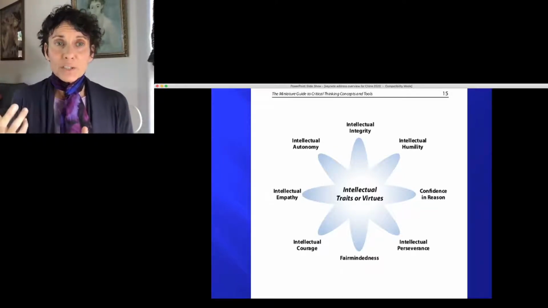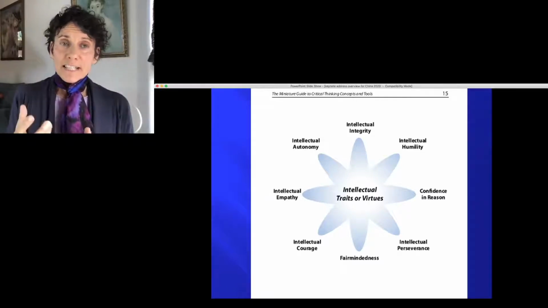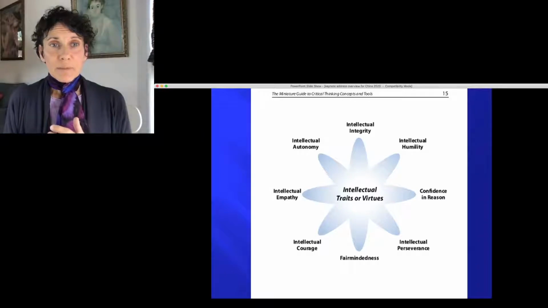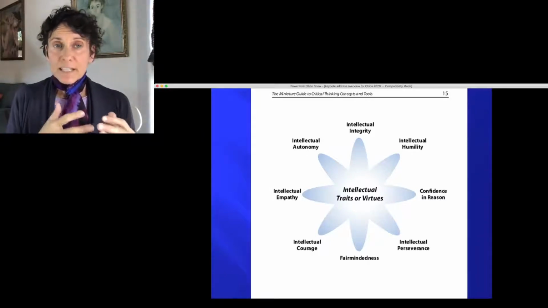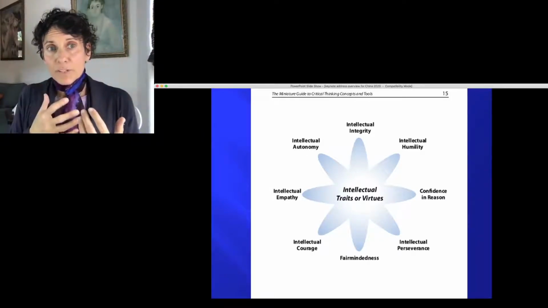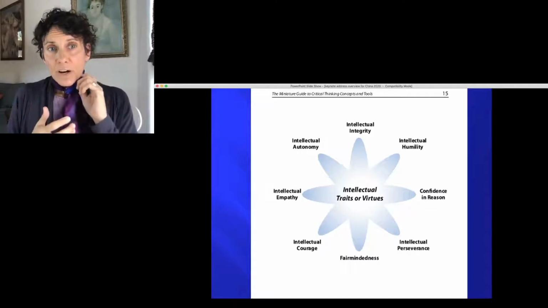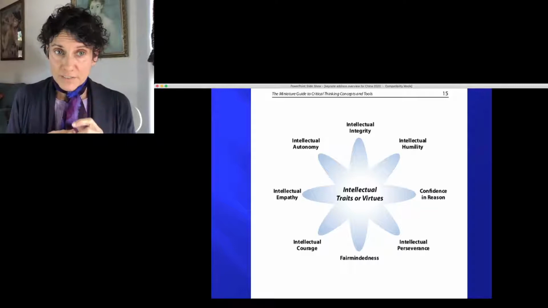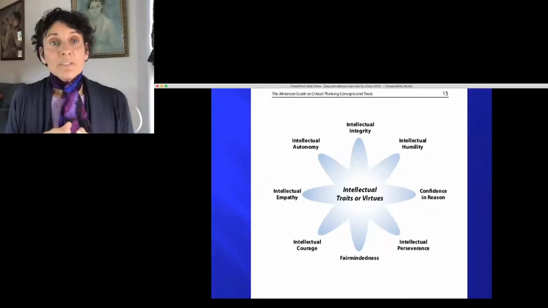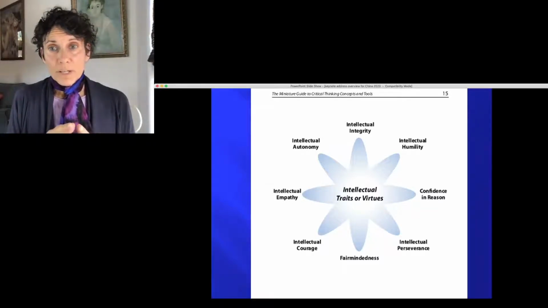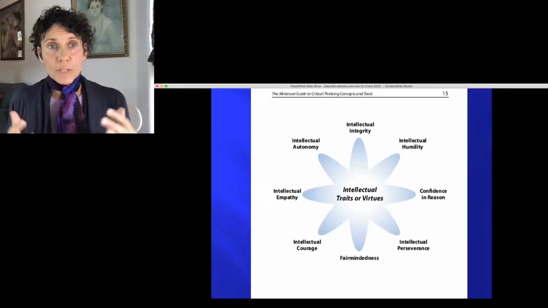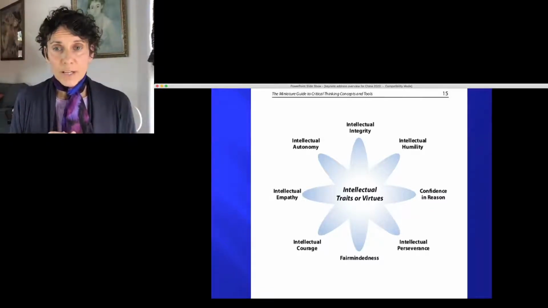So we have intellectual humility, the ability to distinguish between what we know and what we do not know. Intellectual empathy, the propensity to think within points of view that are different from our own, or points of view that we've never considered, and even points of view that we disagree with. So these are two of the intellectual virtues we would want our students to embody.